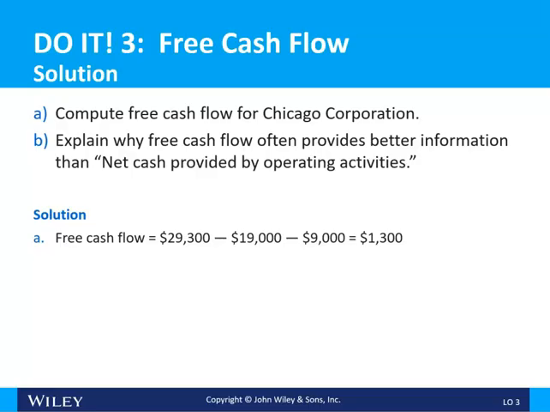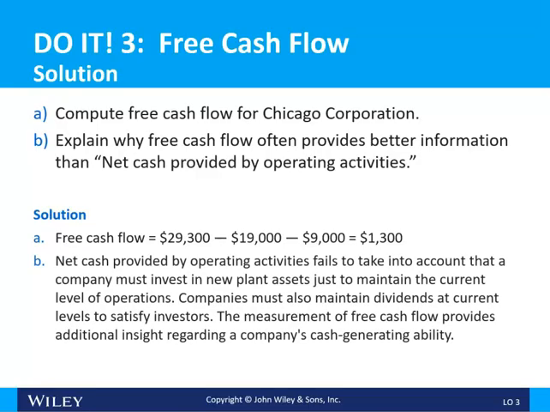And then why does free cash flow often provide better information than cash provided by operating activities? The reason is that net cash provided by operating activities does not take into account that the company has to invest in new plant assets to maintain the current level of operations. They also must maintain dividends at current levels to satisfy investors.